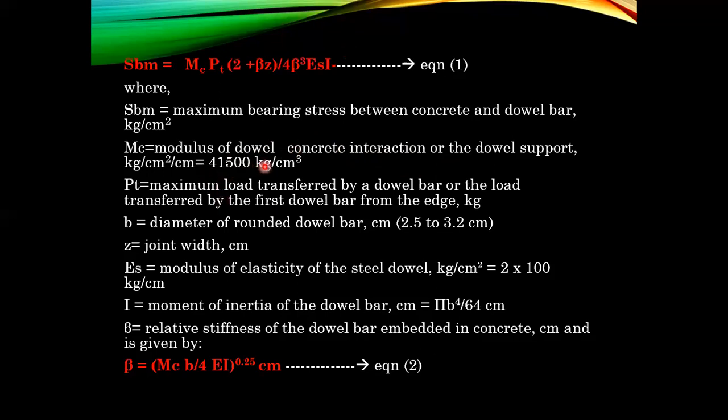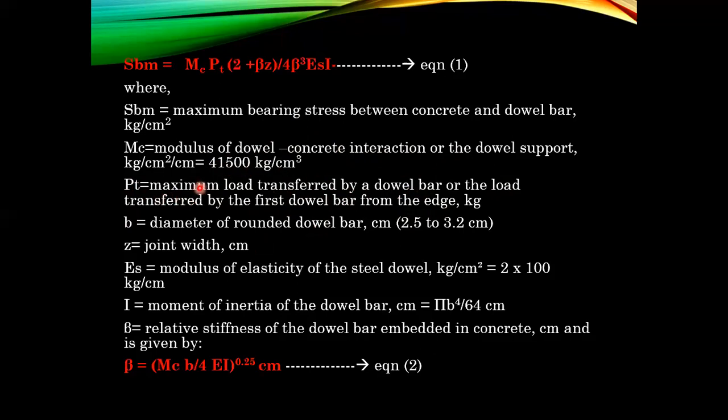Just remember these terms. In design, they may give this value or they may not give this value. Better to remember this value, 41,500 kg per centimeter cube. Then PT, that is maximum load transferred by a dowel bar, or the load transferred by the first dowel bar from the edge.